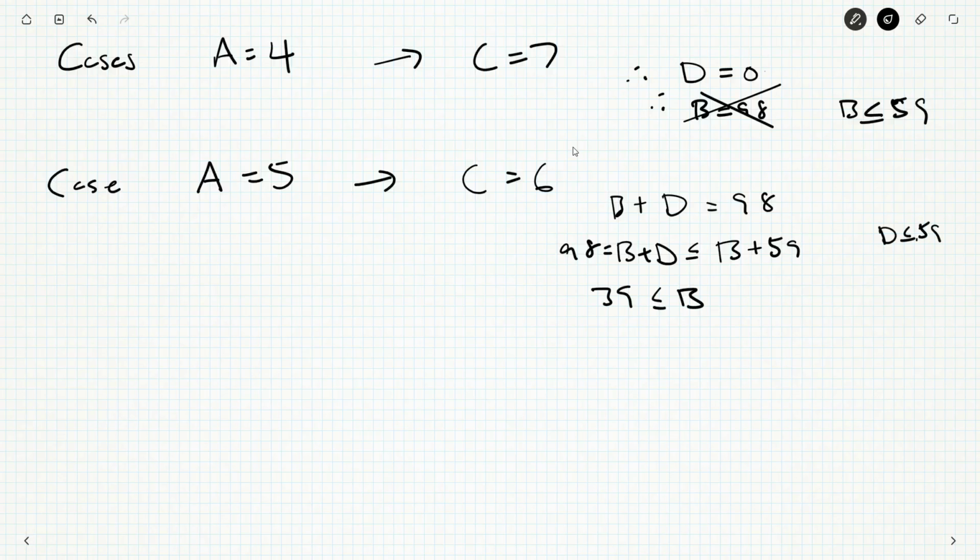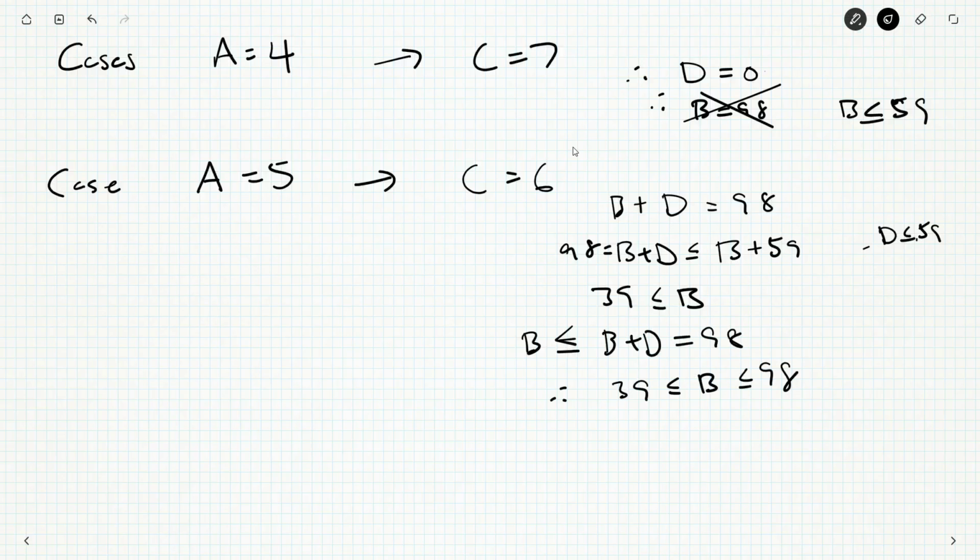But we also have D is greater than or equal to 0. So B is less than or equal to B plus D, which is equal to 98. So 39 is less than or equal to B is less than or equal to 98, but really that means 39 is less than or equal to B is less than or equal to 59, because that's at most what B can be.